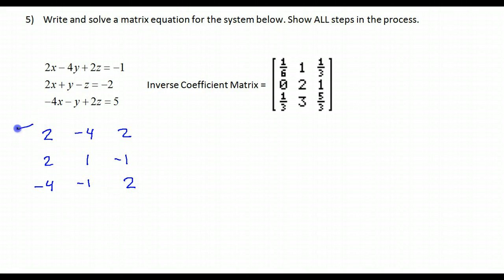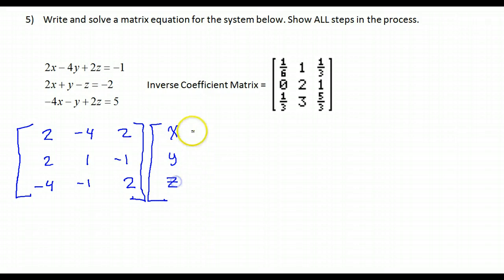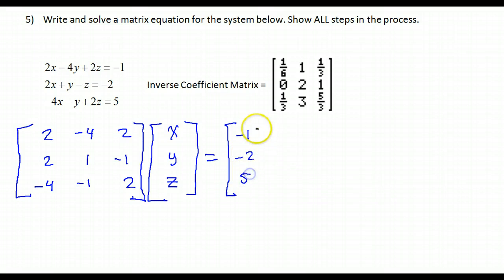This is your coefficient matrix, since it's made up of all of these coefficients. Double checking. Good to double check. There's your coefficient matrix. Then we need our variable matrix, which in this case are 3 variables in order: X, Y, and Z. And then you need equals the constant matrix, which in this case is -1, -2, and 5.